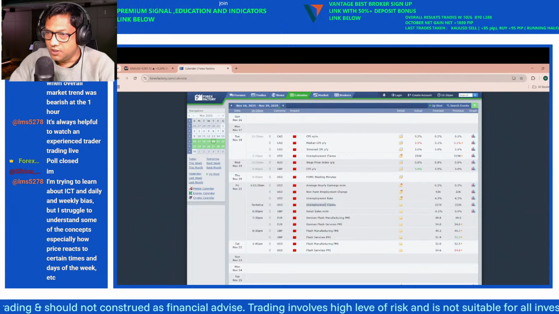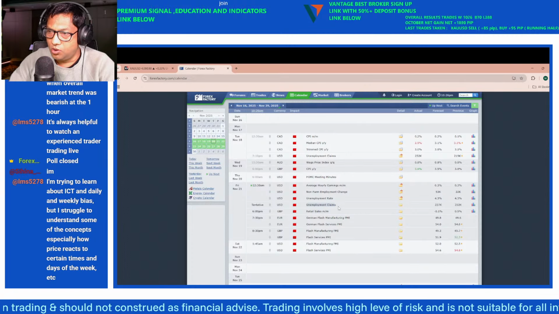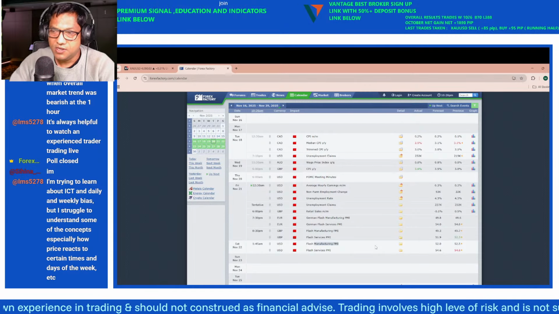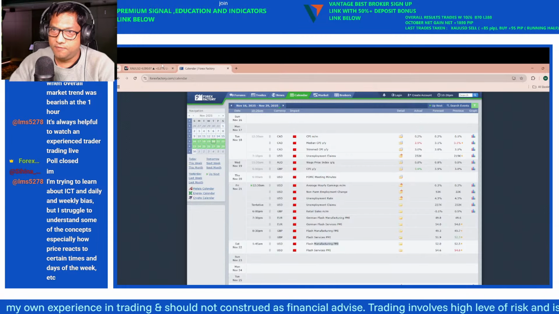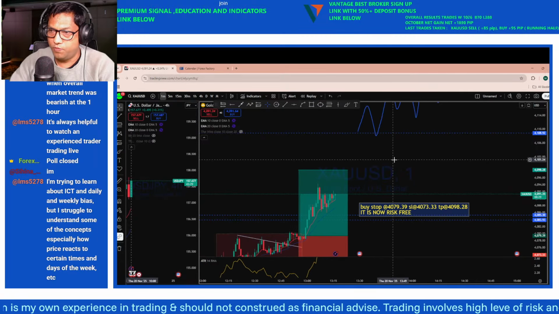And then tomorrow is also big for GBPJPY and Euro, with flash manufacturing PMI as well as flash services PMI on the dollar. That's also going to be a pretty volatile move that you can expect.